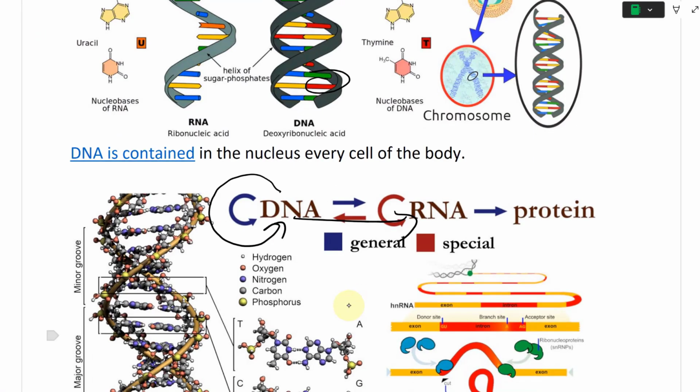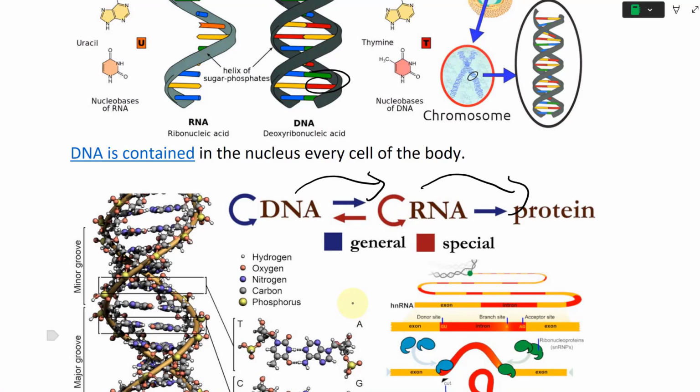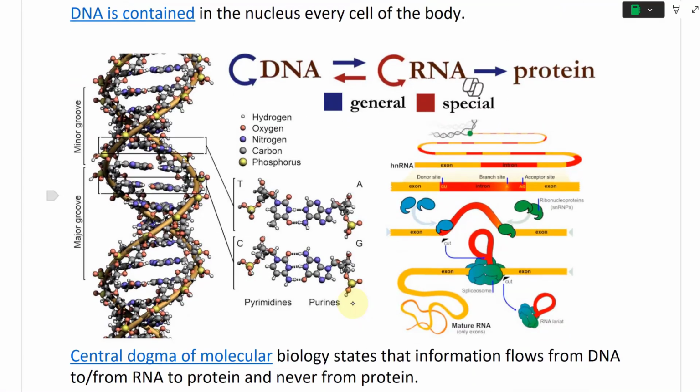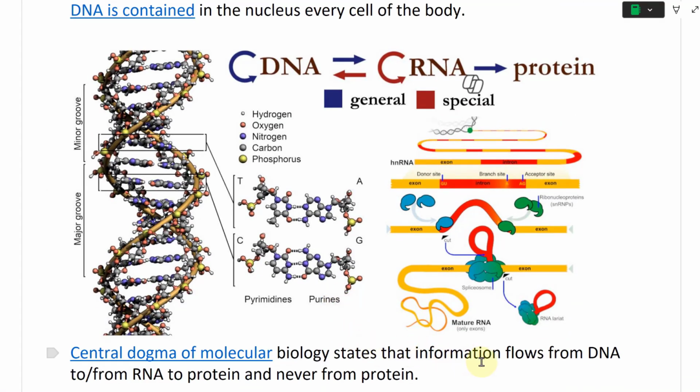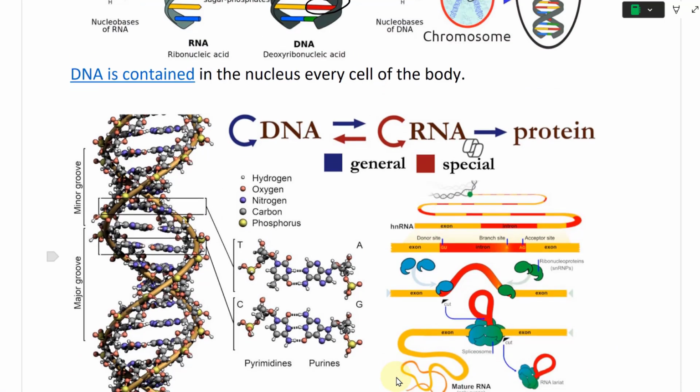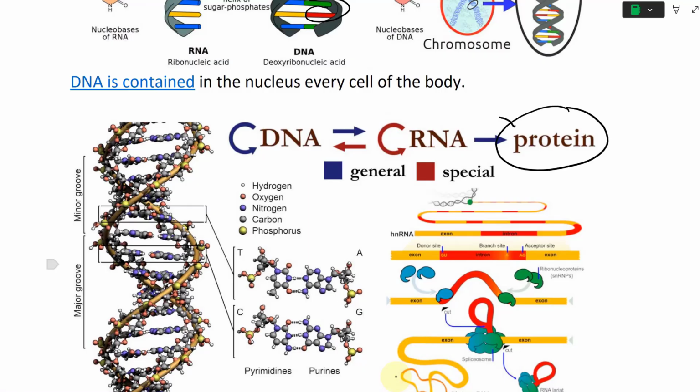But typically it goes from DNA to RNA. So our DNA creates RNA, and then RNA creates the protein, and it never goes in reverse. So it does not go from protein back the other way.